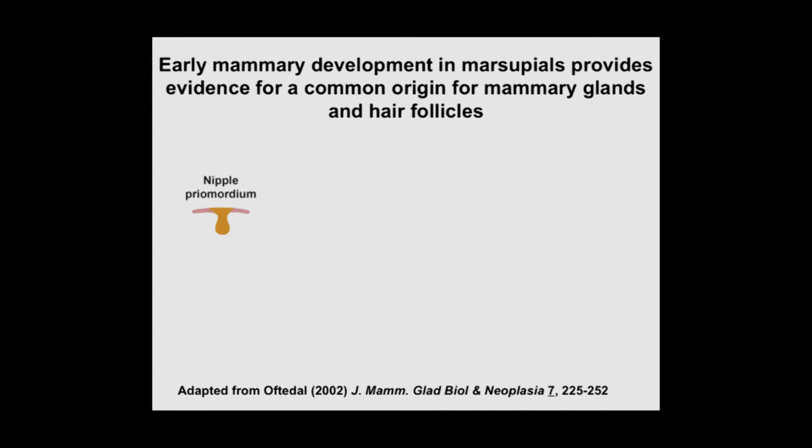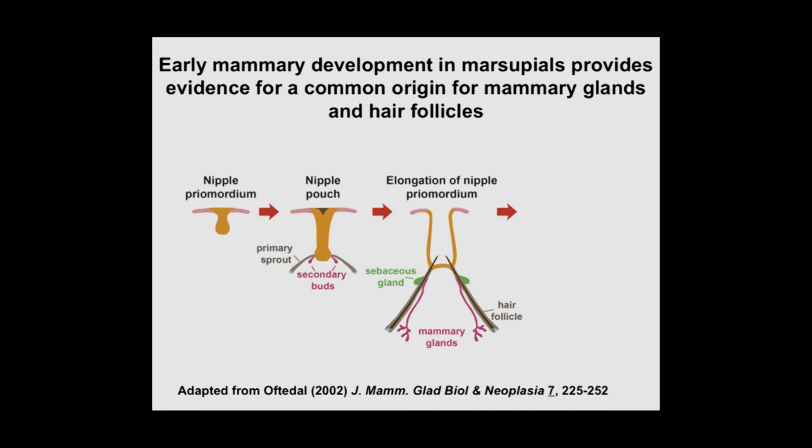So in marsupials, the nipple develops, as I mentioned already, from a thickening in the ectoderm, and this elongates and develops two types of sprouts, a primary sprout and secondary buds. And these secondary buds go on to form mammary glands, whereas the primary sprouts develop into hair follicles with associated sebaceous glands.